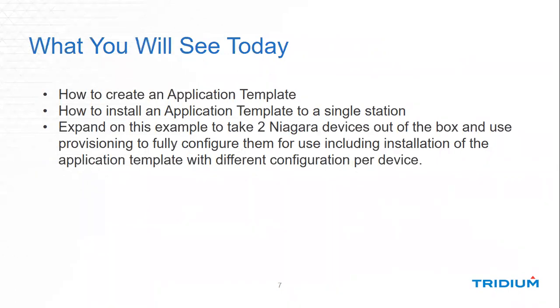Then we're going to expand on the example to show how we can take a couple of Niagara-based devices out of the box. In this case, we'll use Edge 10s and use the changes that we've made to provisioning along with these application templates to show how we can get those Edge 10s fully configured, including the installation of the application template.